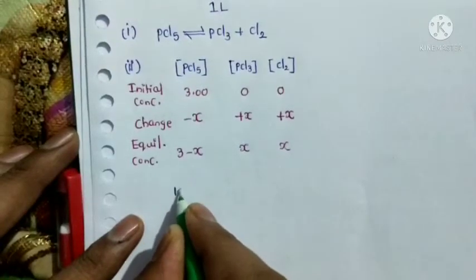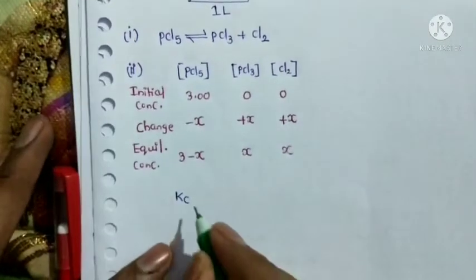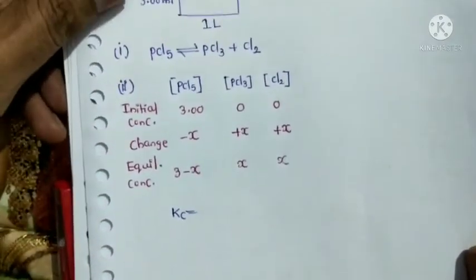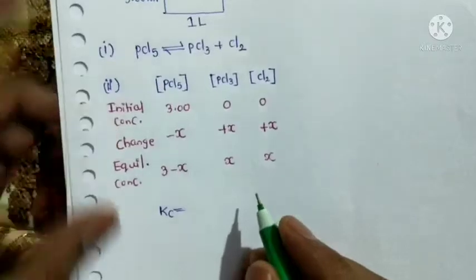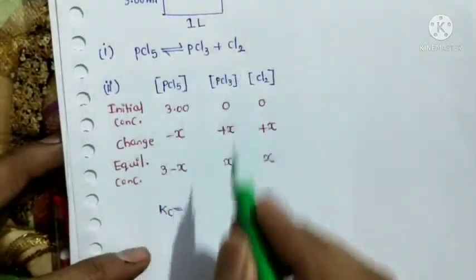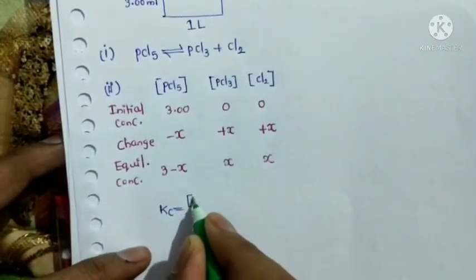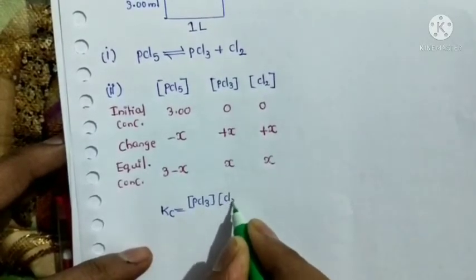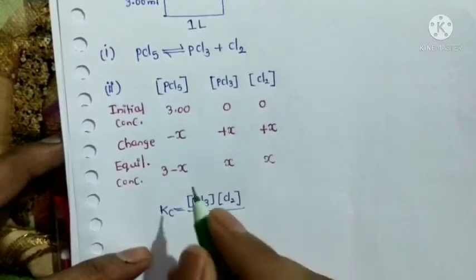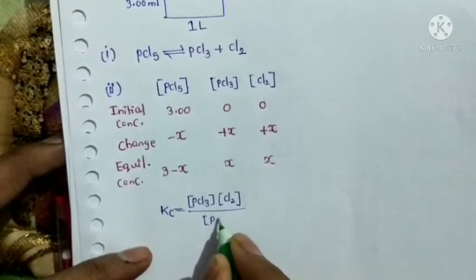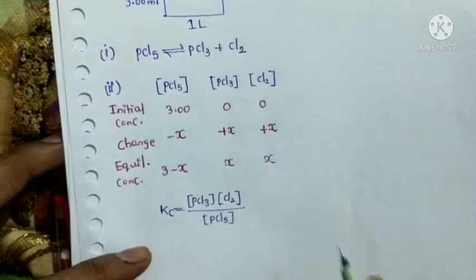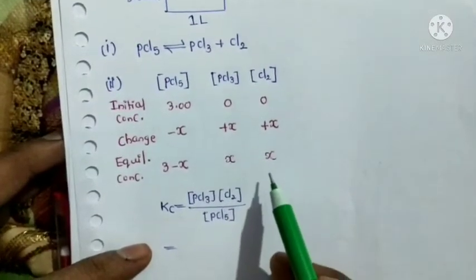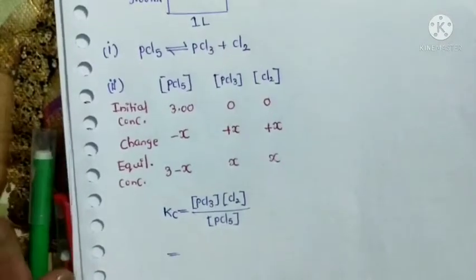The equilibrium constant is the concentration of products, phosphorus trichloride and chlorine, divided by the concentration of phosphorus pentachloride. The equilibrium constant uses molar concentrations at equilibrium.